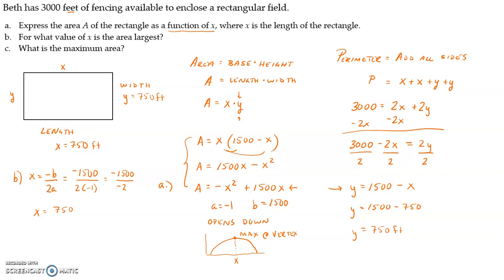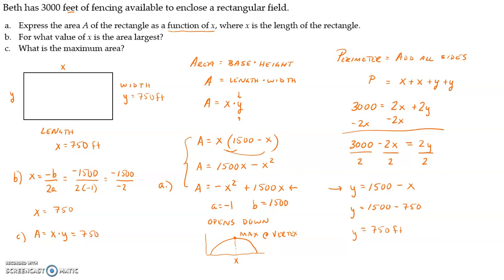And for part C, they're asking us to calculate the maximum area. Well, we began working with that part of the problem when we first started. Remember that area was the same thing as our length times width, which for us was our x value times y. And we know both of those dimensions, so we can go ahead and plug these in.